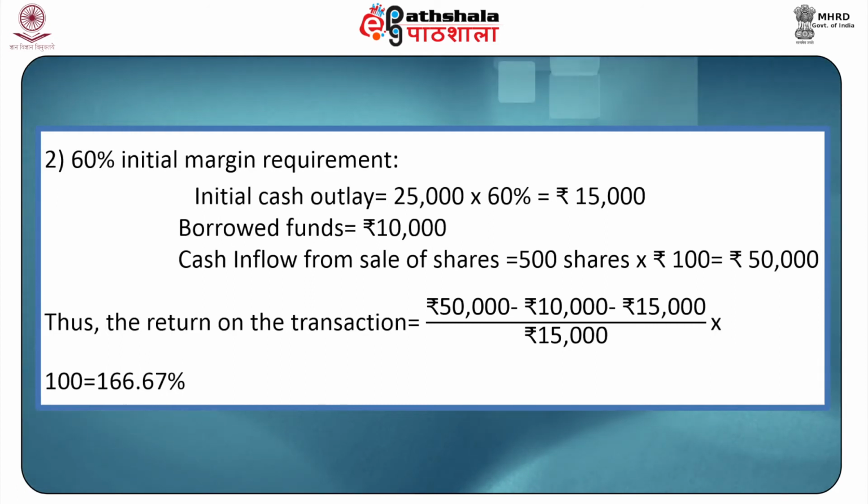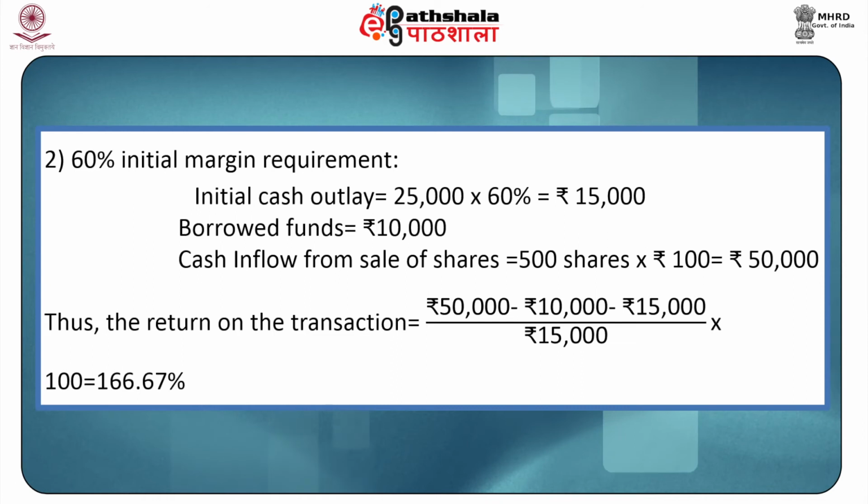Initial cash outlay would be equal to 25,000 multiplied by 60%, which would be equal to 15,000. The borrowed funds would be equal to rupees 10,000. Cash inflow from sale of shares would be equal to 500 shares multiplied by rupees 100, which would be equal to rupees 50,000.